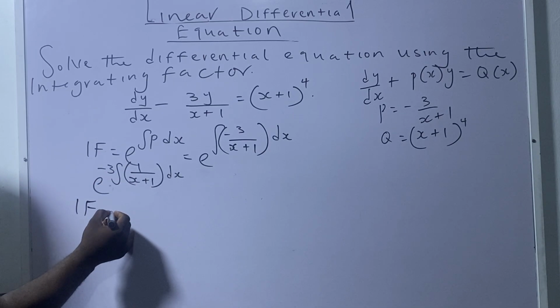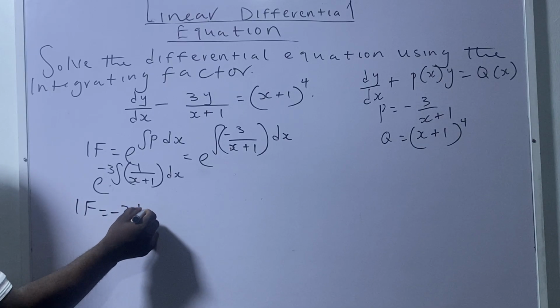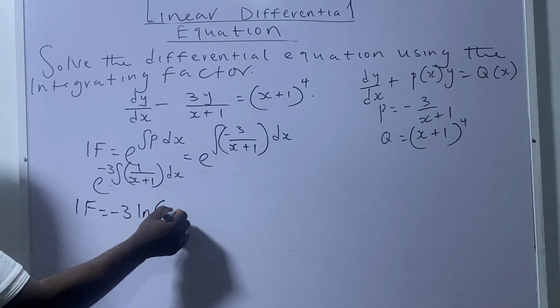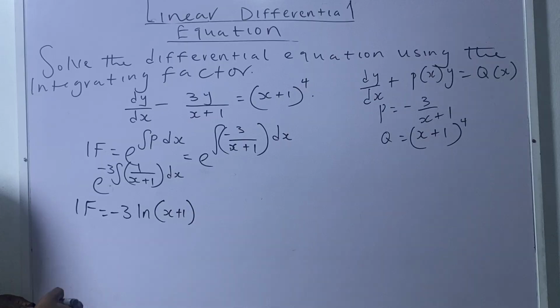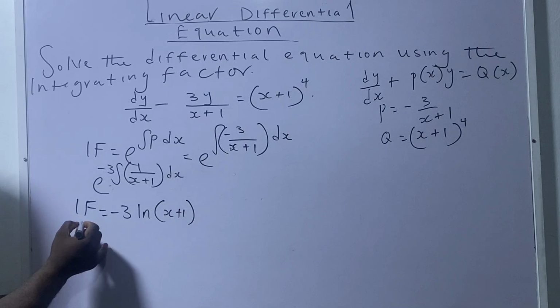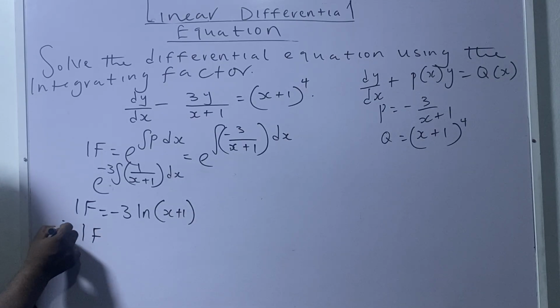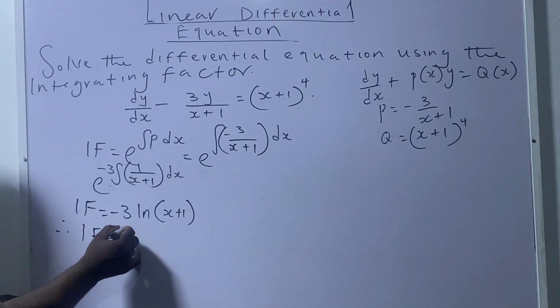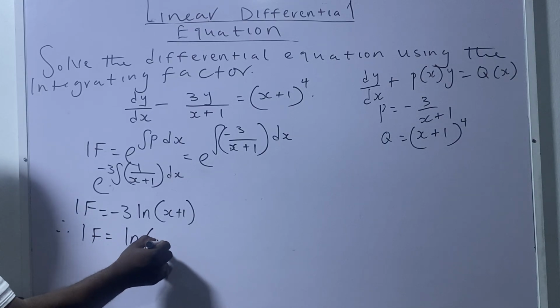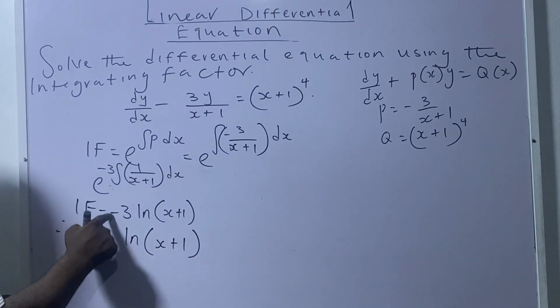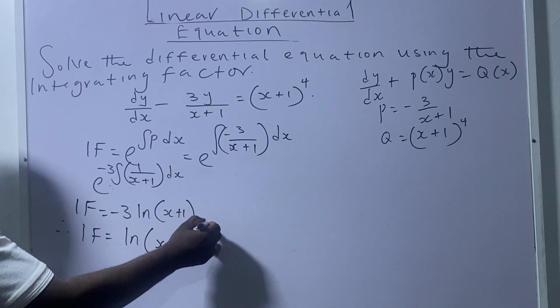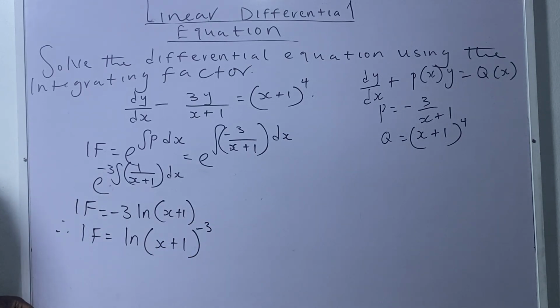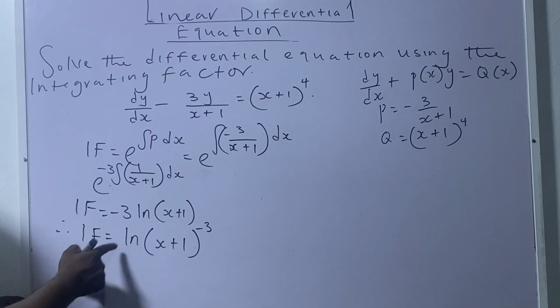So that means my answer will now be the ln of what I have in the denominator. So my integrating factor therefore becomes the ln of x plus 1. So we have gotten our integrating factor.